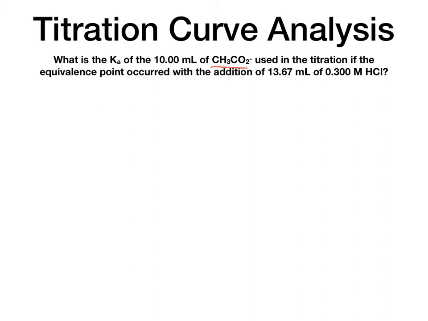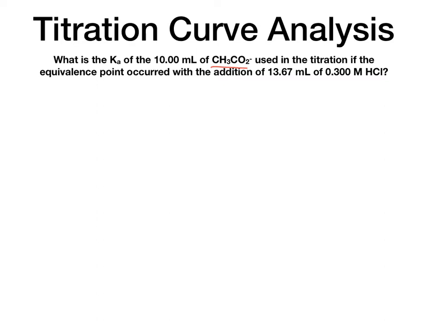So we want to figure out, and I'm going to do this example, what is the Ka of the 10 milliliters of acetate used in the titration if the equivalence point occurred with the addition of 13.67 milliliters of 0.3 molar HCl?